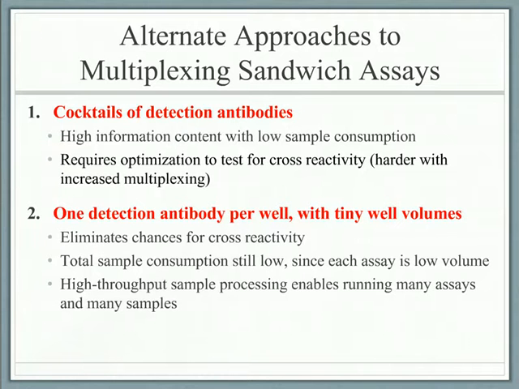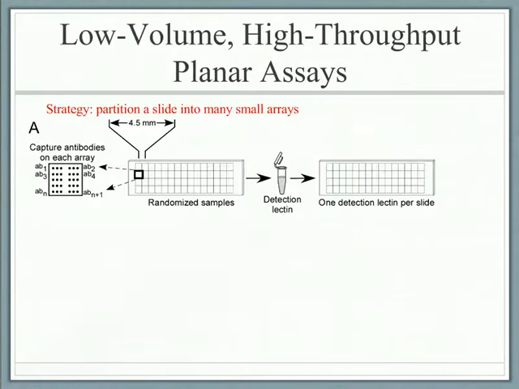And the requirement to make that really work in practice for multiplexing and for running many samples is the ability to have high throughput sample processing. I'm going to tell you just briefly about a practical method we have for running low volume, high throughput assays. In this format that we developed in our lab, we take a microscope slide and partition it into many small arrays.